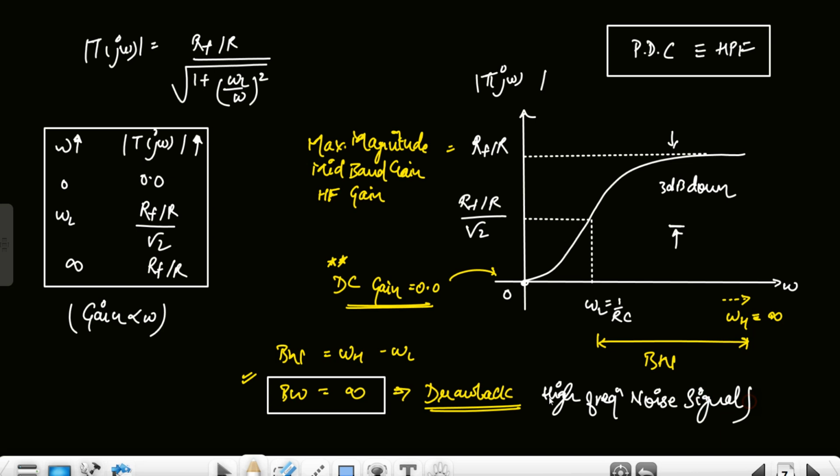So for avoiding this problem, we use a modified practical differentiator circuit, or we can say the improved version of the practical differentiator circuit.